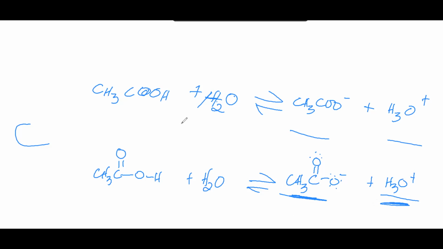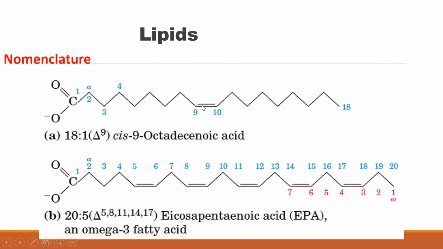So whenever you have your carboxylic acid in water, it will be dissociated to form its anion. This is the anion form, and it will release hydronium ions to the solvent. So if we have, for example, fatty acids, you expect that fatty acid to be negatively charged.